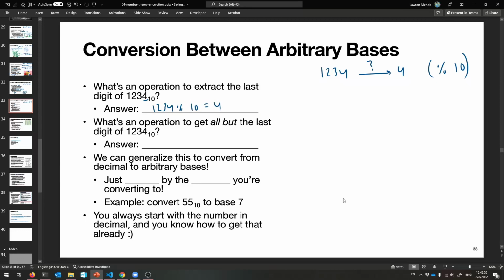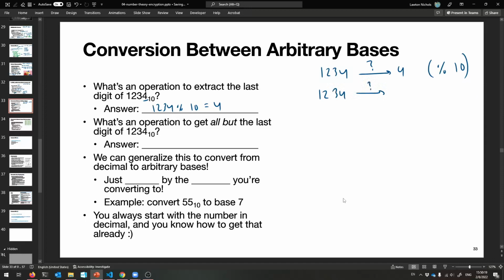That gets me the last digit, and then we can get all the digits if we're able to shift away that 4, so that we're left with 123. We can repeat this process of extract the last digit, make it slightly smaller. So, how do I take this number and get all but the last digit of 1,234?